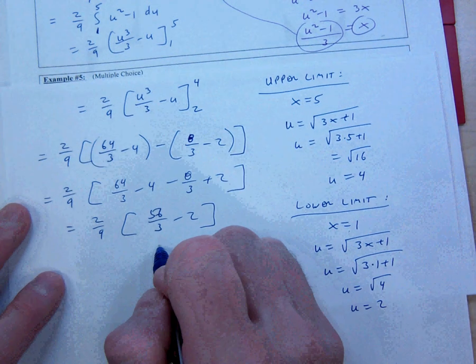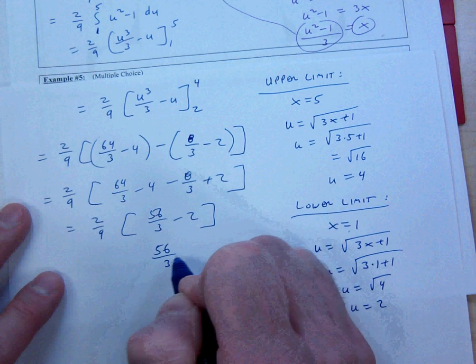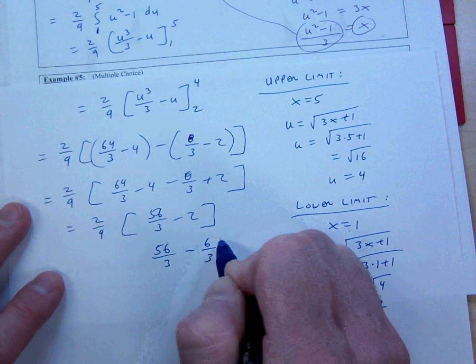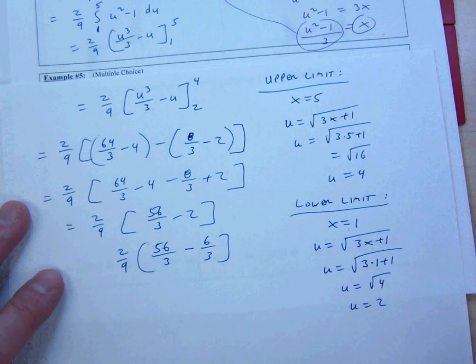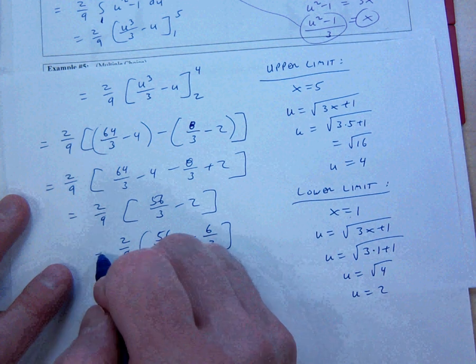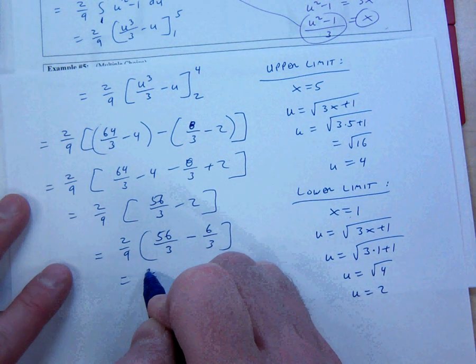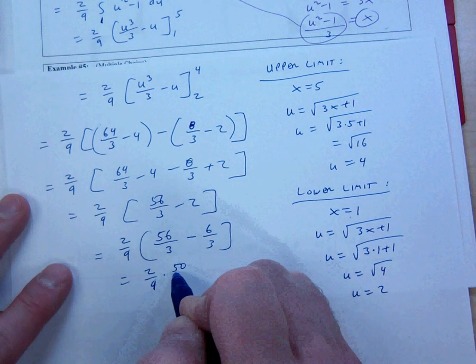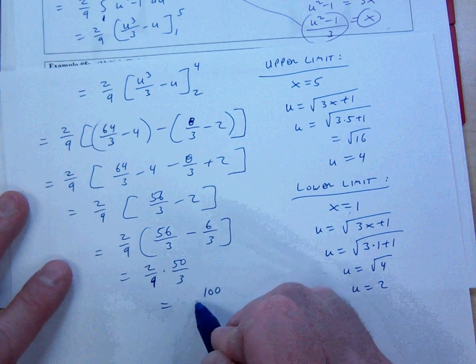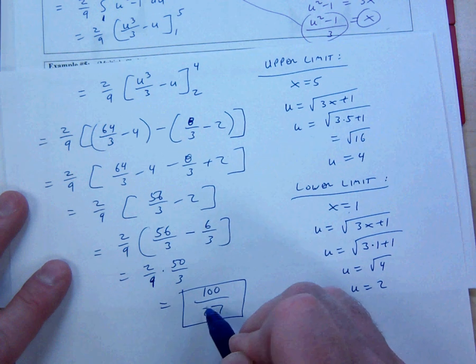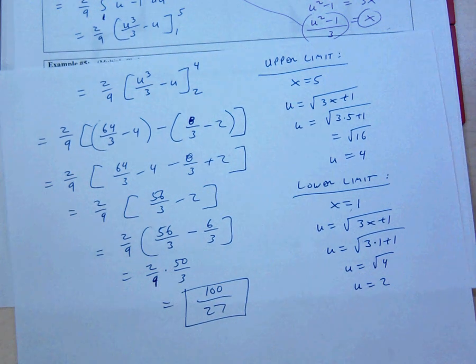Which is 56 thirds minus 6 thirds. Is that right or not? Okay, and then so it's what, 2 9s times what, 50 thirds? Which is 100 over 27. Okay? Make sense?